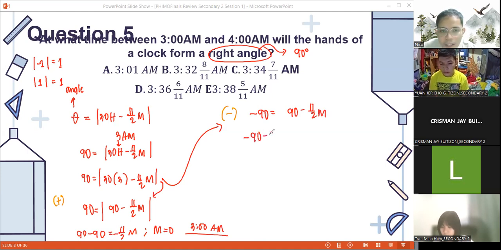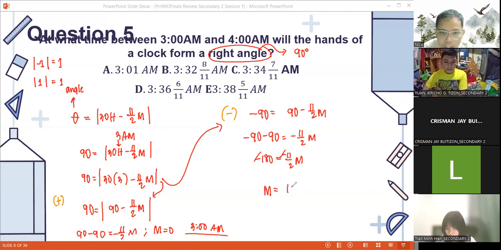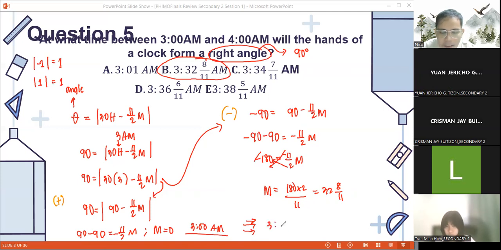This becomes negative 90 minus 90 equals negative 11 over 2 m, which is negative 180, and you can cancel the negative. The final answer in minutes is 180 times 2 over 11, which is 32 and 8/11. So the final answer is letter B: 3 a.m. and 32 and 8/11 minutes, a.m.